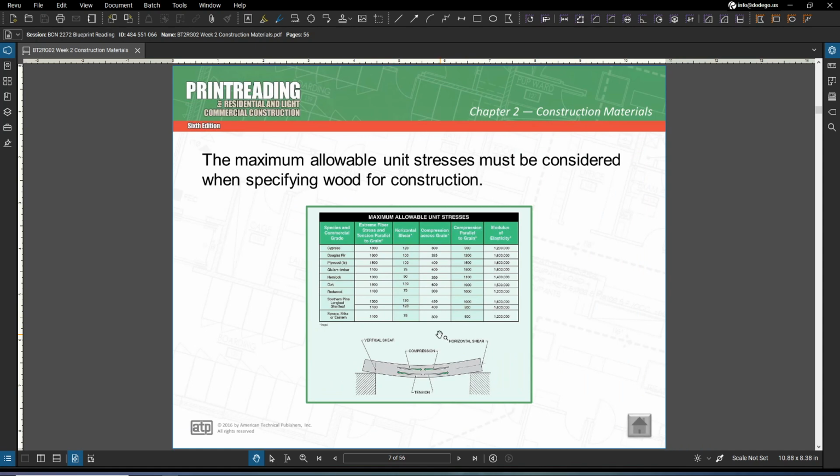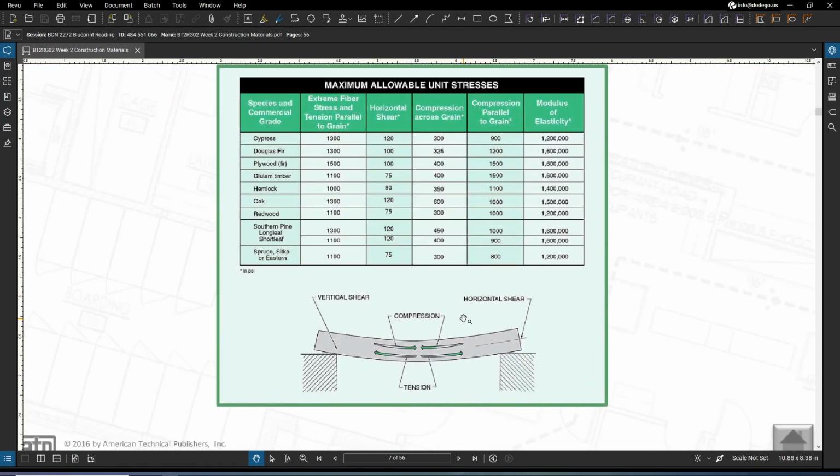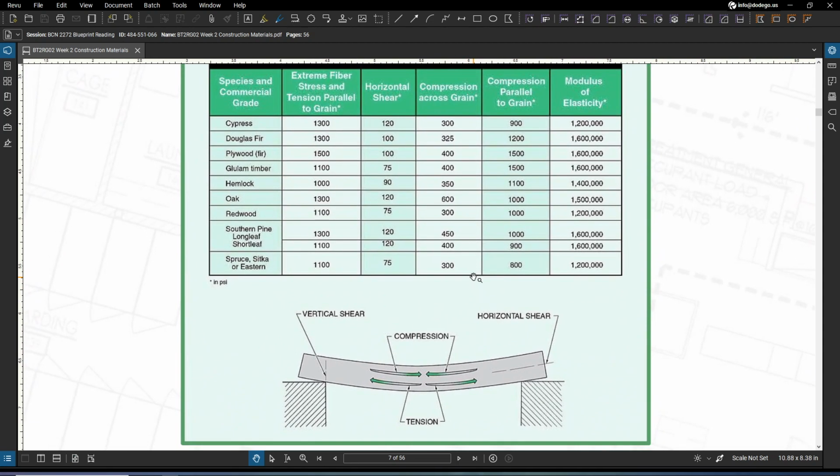Now, proper specification and uses of wood in construction is the responsibility of the architect, the engineer, and the trades workers. Now, architects and engineers determine the structural needs and the available wood species that have the best structural properties for the job.